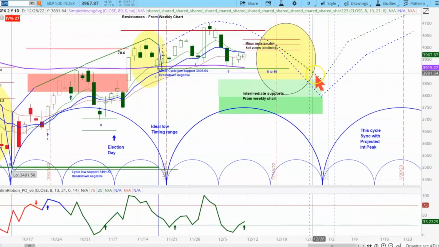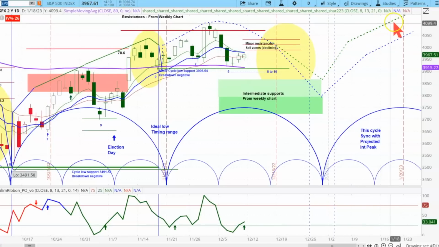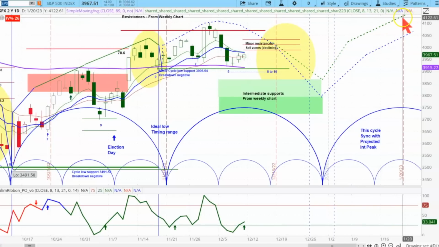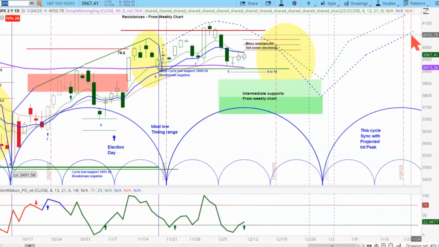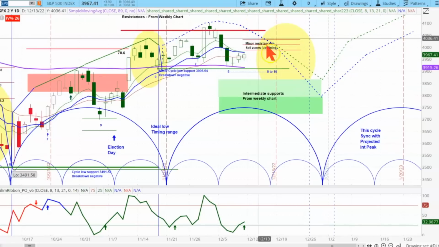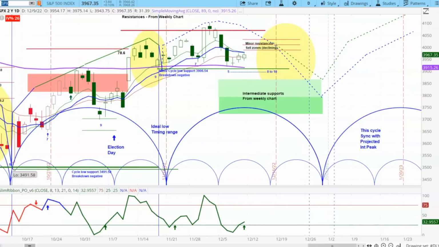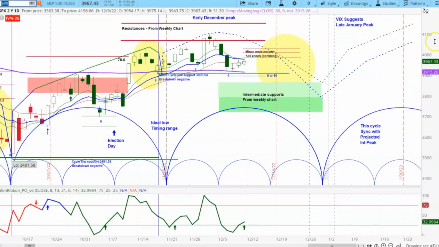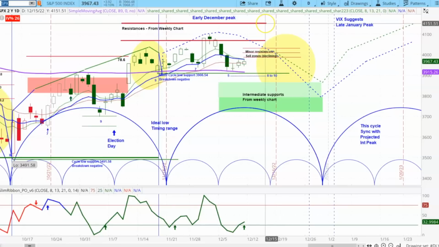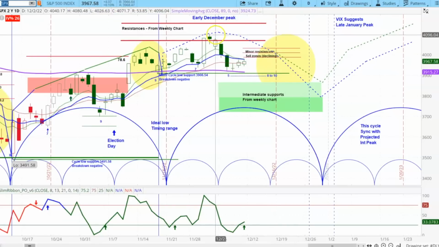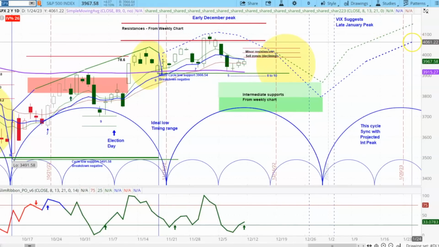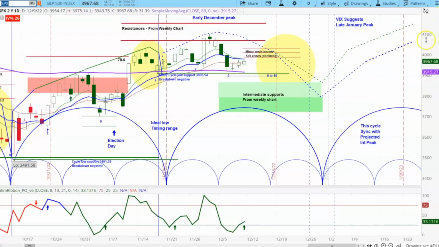Now you'll note we have a higher track over here. And based on what I showed you in the VIX, this next advance is likely to come out towards around the 3rd to 4th week of January. So that means that the next advance will either get up to where we believe that 4150 area of resistance would be right up over here that we talked about, or stall somewhere around these last highs over here at maybe 4060, 4070.